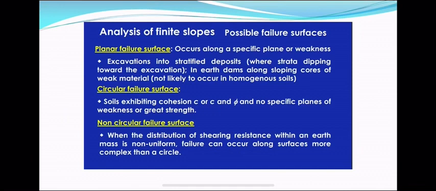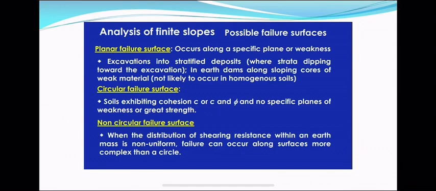So where the potential weak plane exists, this failure surface occurs along a specific plane of weakness. This basically happens in excavation into stratified deposits where the strata are dipping towards the excavation, that is, the layers of soil dipping towards the excavation, and in earthen dams along the sloping course of weak materials. It is not likely to occur in homogeneous soil.